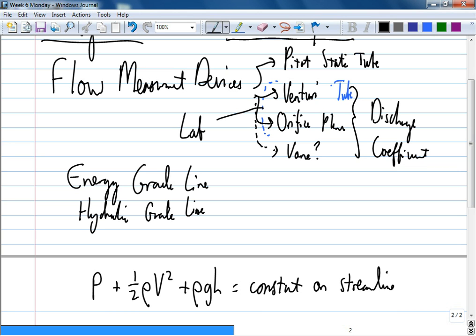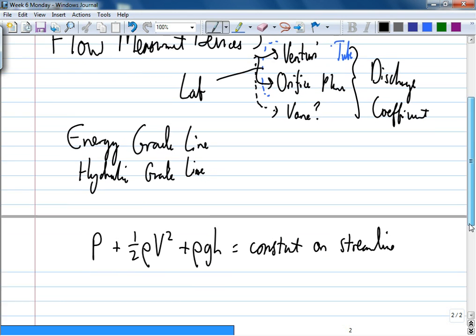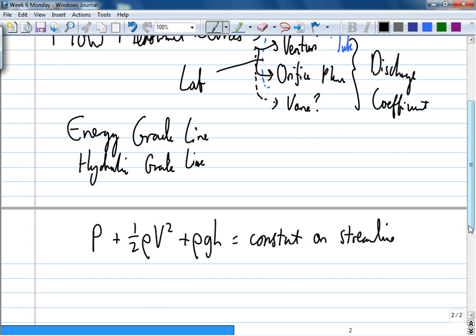I mentioned earlier that this term is the dynamic head or dynamic pressure. Since it's all in terms of pressure, this is the dynamic pressure.